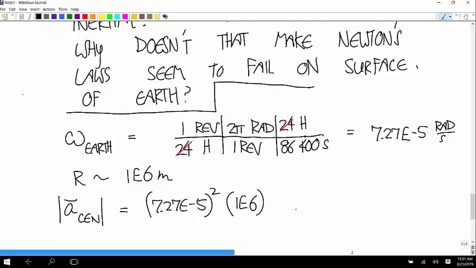And so that's about 50 times 10 to the 10th times 10 to the minus 10th times 10 to the 6th. So this is 50 times 10 to the minus 4th, somewhere around there, meters per second squared. And you have to have a very sensitive experiment to be able to detect an acceleration like that.